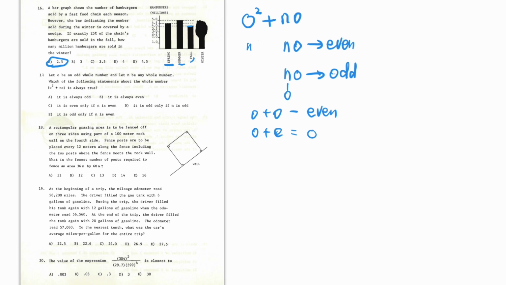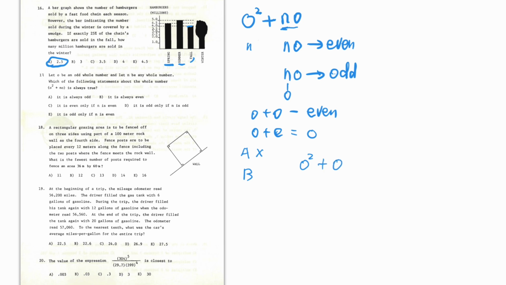Answer A, it is always odd. If N is odd, that means odd plus odd is even. So A is not correct. Choice B, it is always even. O squared is odd.